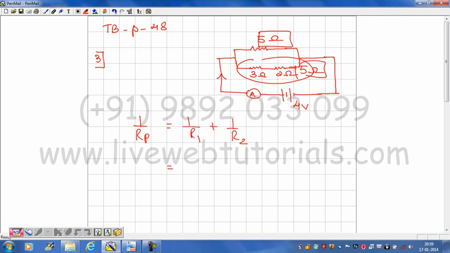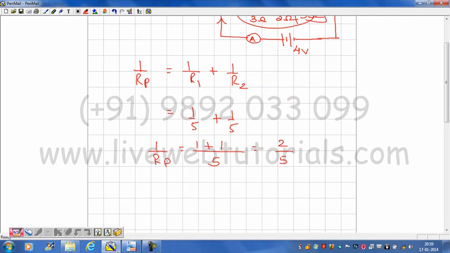This is equal to 1 upon 5 plus 1 upon 5. This is going to become, okay, 5 is the LCM. I'm going to get here in the numerator 1 plus 1. That will be 2 divided by 5. This is 1 upon Rp. Okay. So Rp is going to become reciprocal, that is 5 upon 2, which is going to become 2.5 ohms. This is the total resistance of the circuit.